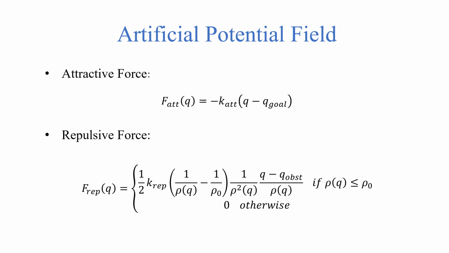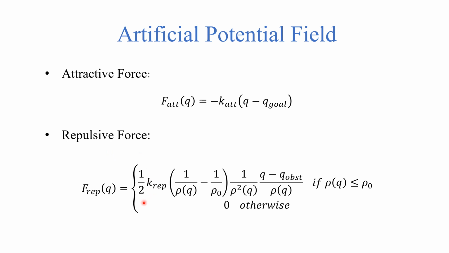Now, in the artificial potential field algorithm, we're going to find two types of forces. The attractive force, right here, is given by the following equation: minus k attractive, a positive constant, multiplied by q minus q goal. q is the current robot configuration, and q goal is the desired goal configuration. The second type of force, which is associated with obstacles, is the repulsive force.